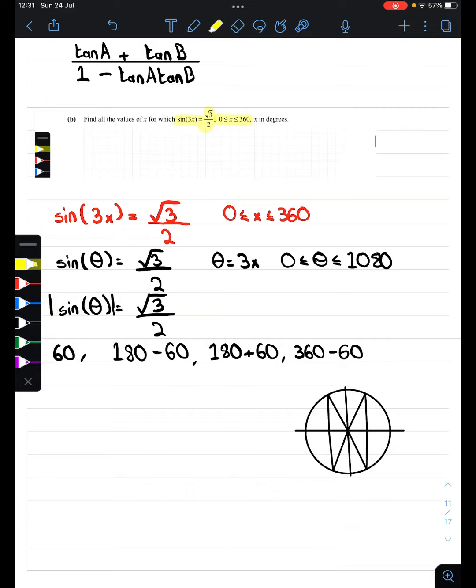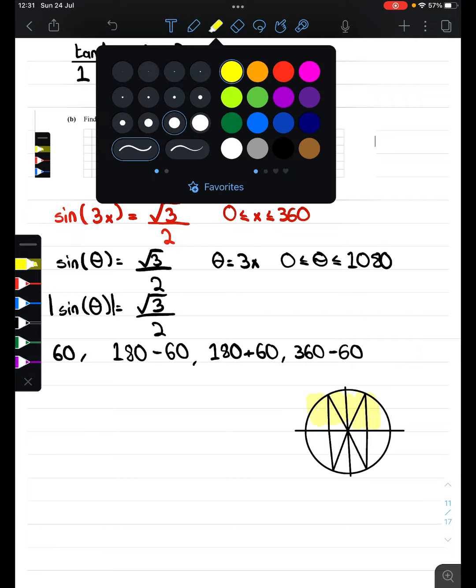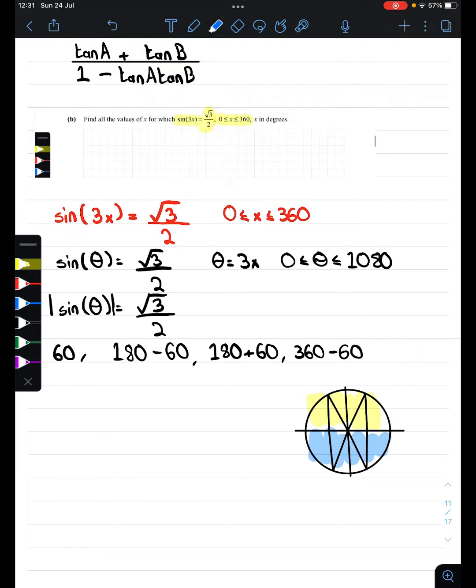Well, it's positive when we're up here, and it's negative when we're down here. Okay, so the answers that will work are 60 and 180 minus 60. So 60 and 120 are the answers that will work in the first 360 degrees of the unit circle.